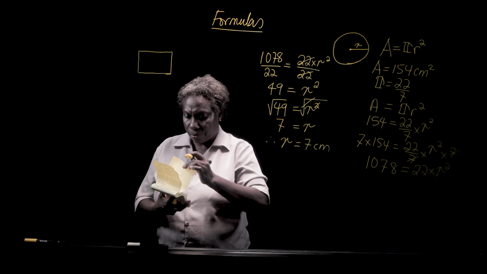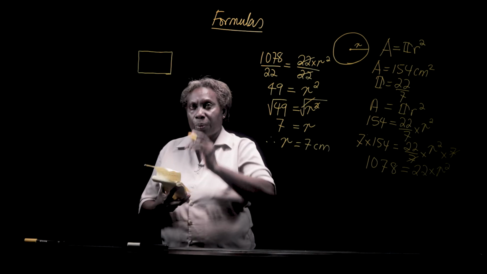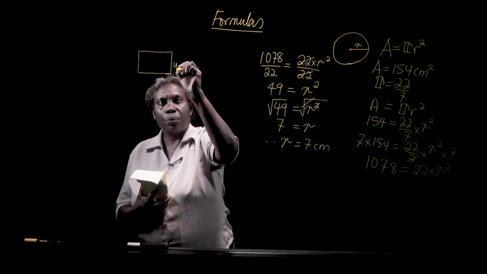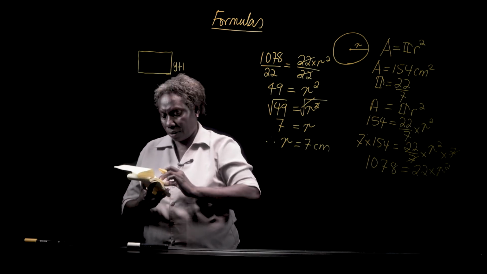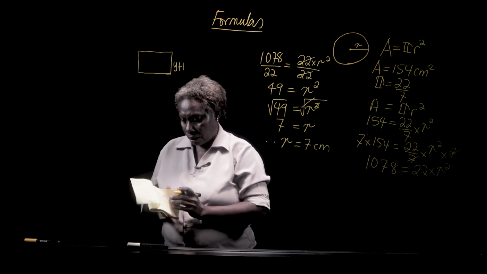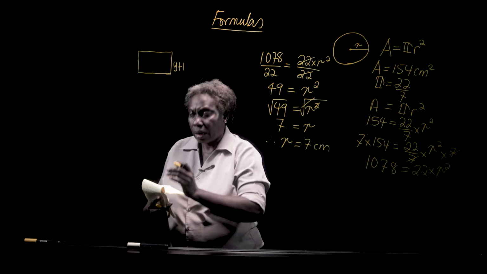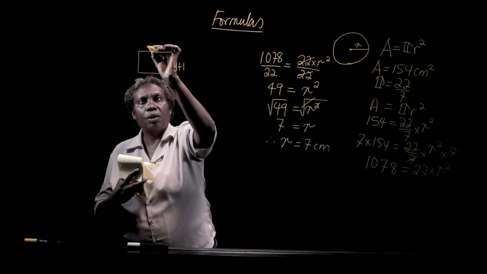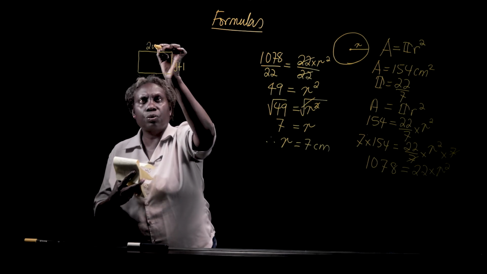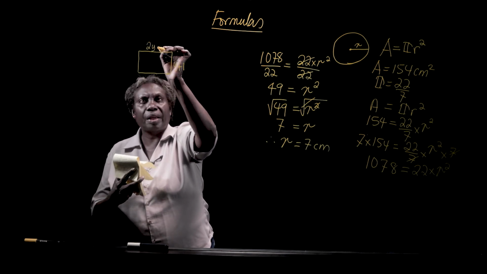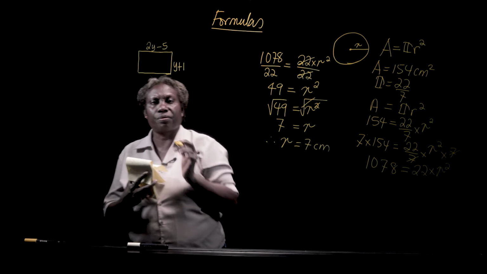For the rectangle, the width is y plus 1 and the length is 2y minus 5.